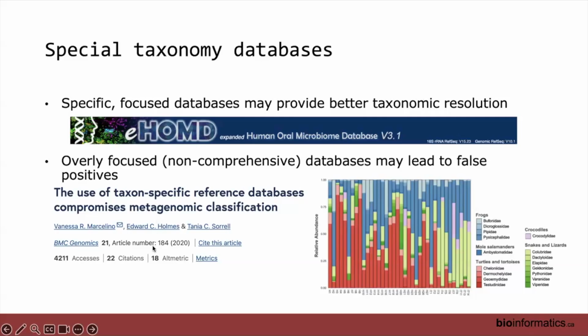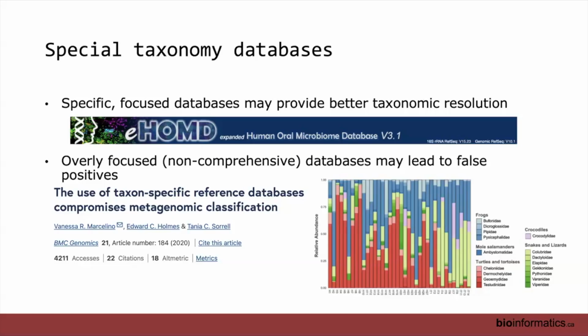So it's relatively reasonable to use something like a specialized database for it. This is a metagenomic paper that I've got at the bottom here, but it's just kind of a cautionary tale, I guess, where using these specific databases is not always good. This was an interesting story where one group of researchers from a university published a paper where they identified a lot of surprising taxa in these gut microbiome samples in people's stool samples.